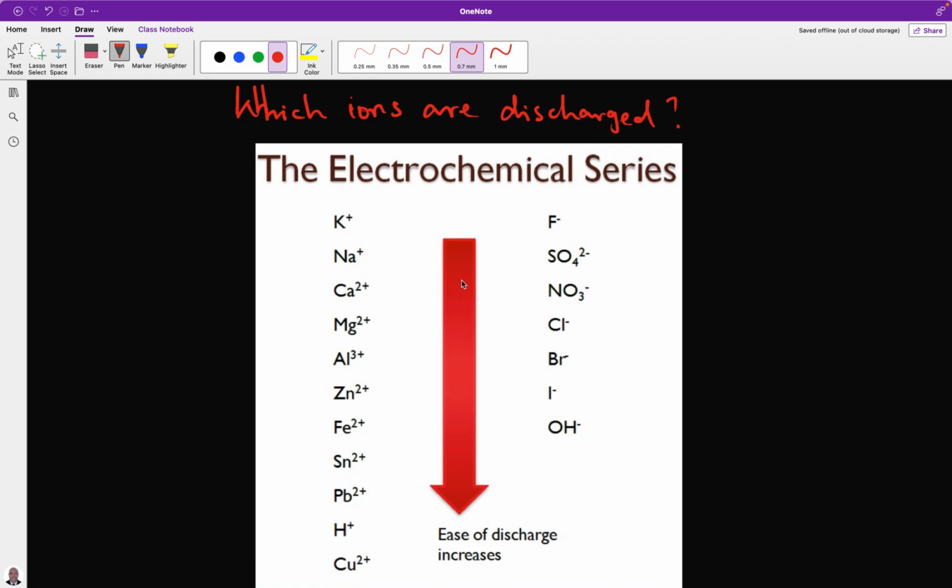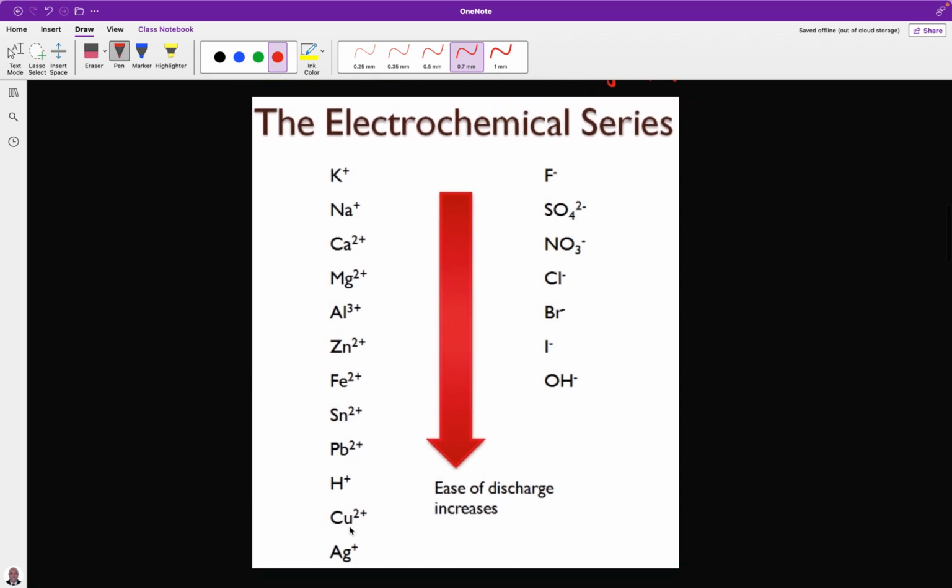So this chart gives a simple explanation of how you can easily choose which of the ions is easily discharged. In the case of cations, if you have two or three cations, the cation below the other one has a higher tendency to be discharged.